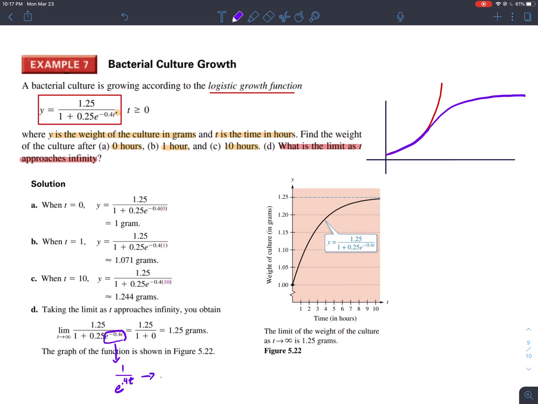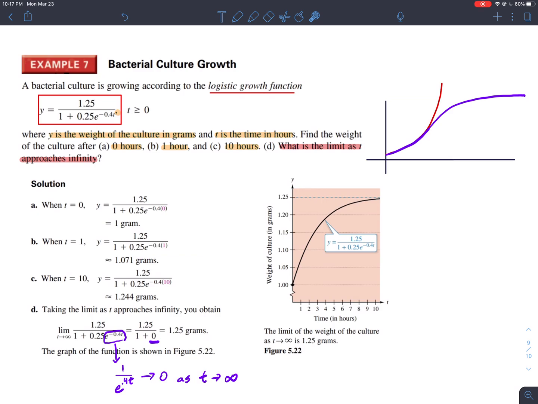That's going to approach 0 as t approaches infinity, because 1 over e to the 0.4 times infinity is 1 over infinity, and 1 over infinity is 0. And therefore, it's 0 times 0.25, and that's where you get this 0 from. And so you're left with 1.25 over 1, which is 1.25 grams.